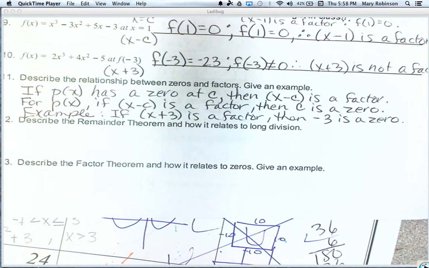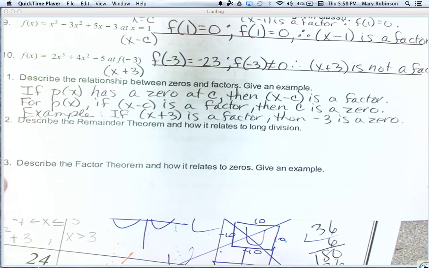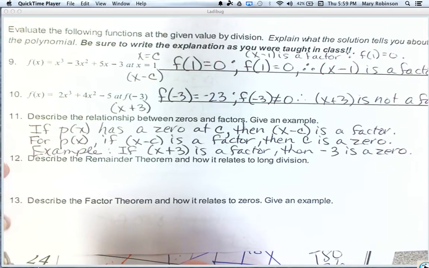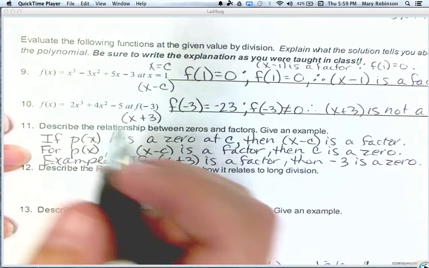Number 12 says, describe the remainder theorem and how it relates to long division. So remember, you're going to need to use the definition as you have in your notes for remainder theorem, okay?